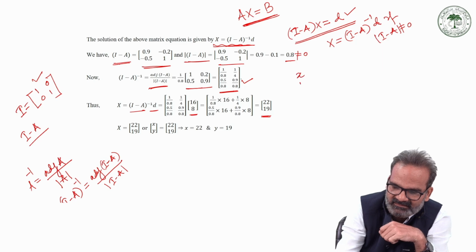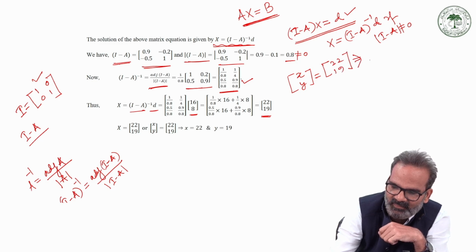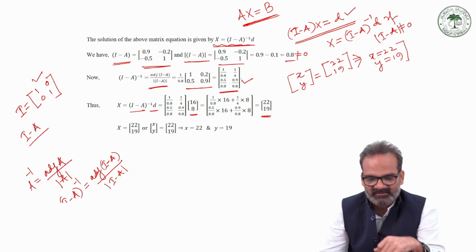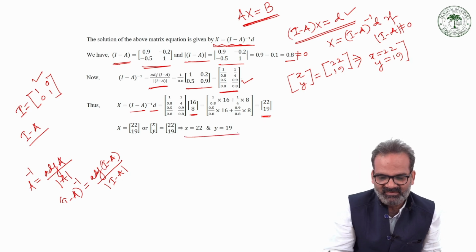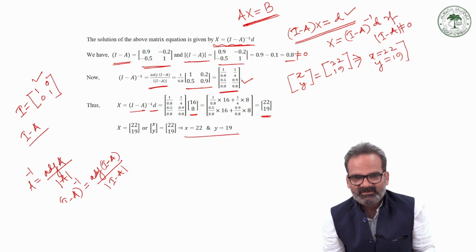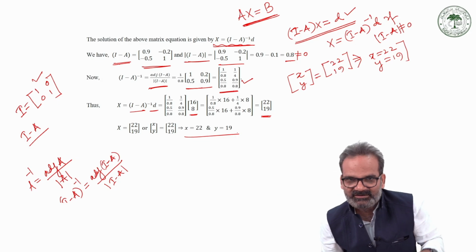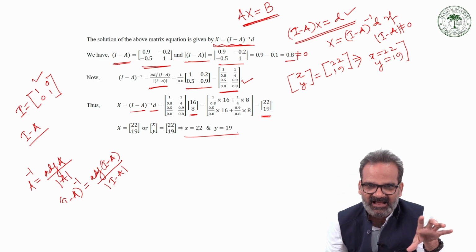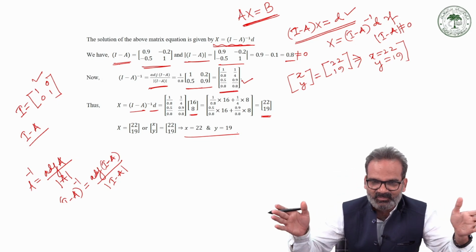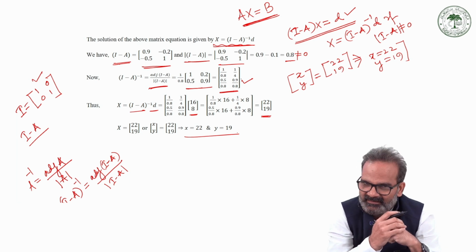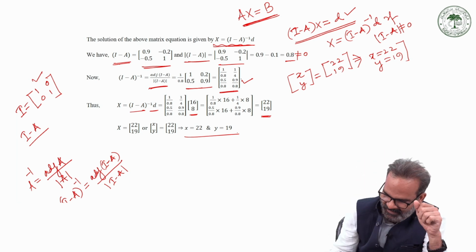This is x and y. This is equal to 22 and 19, right? And by equality of two matrices, x is equal to 22 and y is equal to 19. Clear? So this is how we can determine the values of the output of the two commodities, steel and lumber, so that it should meet the required demand, right?